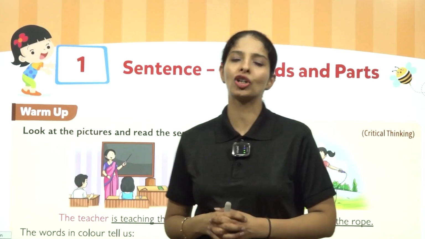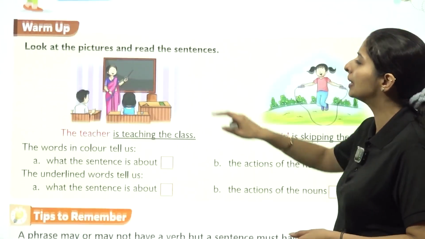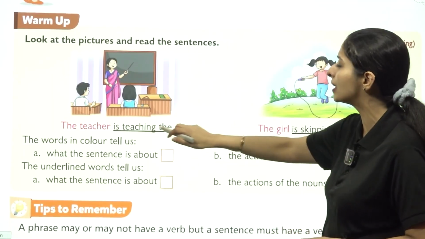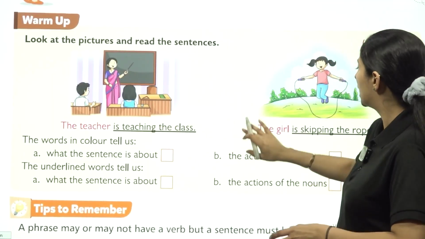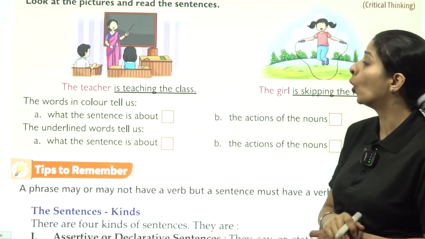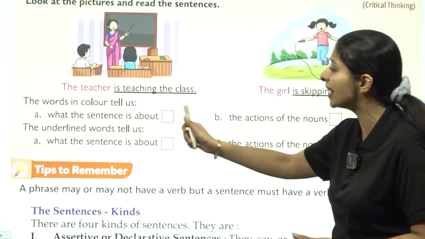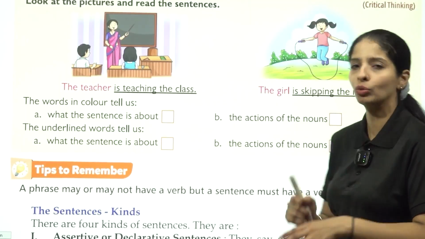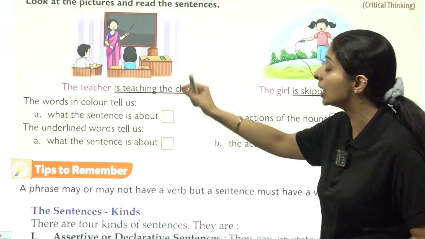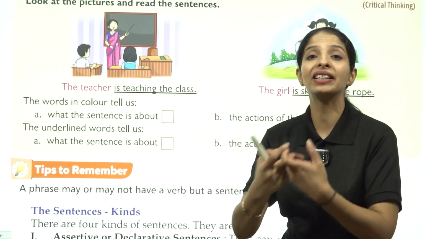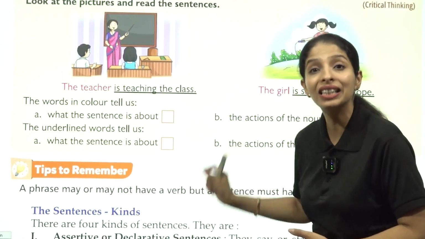Let's begin the session with the warm-up. Look at the pictures and read the sentences. Here you see the teacher. The teacher is teaching the class. The girl is skipping the rope. The words in color tell us what the sentence is about, the actions of the noun. So which option is correct? The first, the teacher, the girl, they are telling that the sentence is about the teacher and the girl.